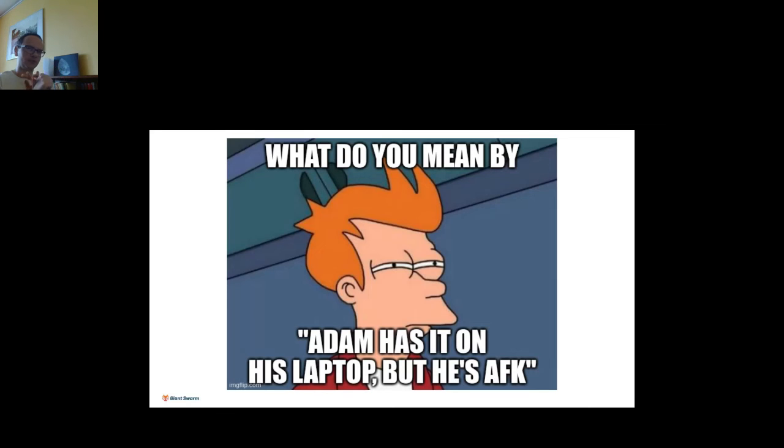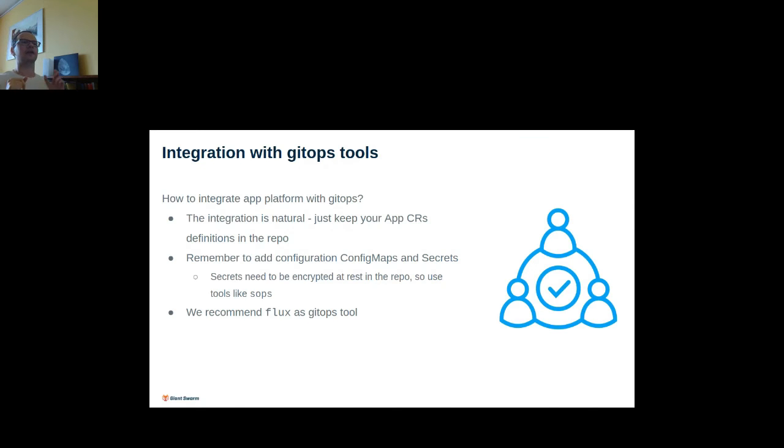The config maps that include the configuration are there. Information about which app should be deployed where is there. Still, if someone by mistake deletes one of them, and the person that created them is not available and you don't have that, well, you probably see where I'm going with that.